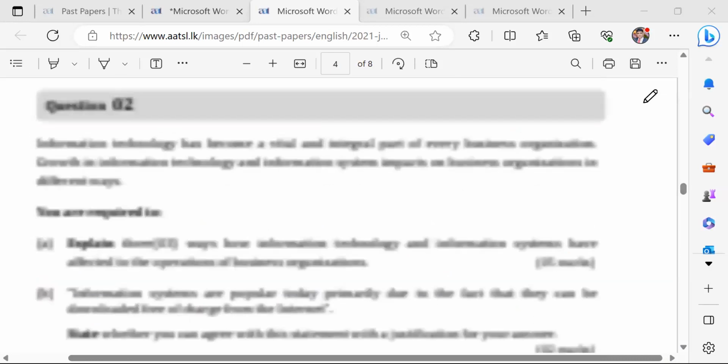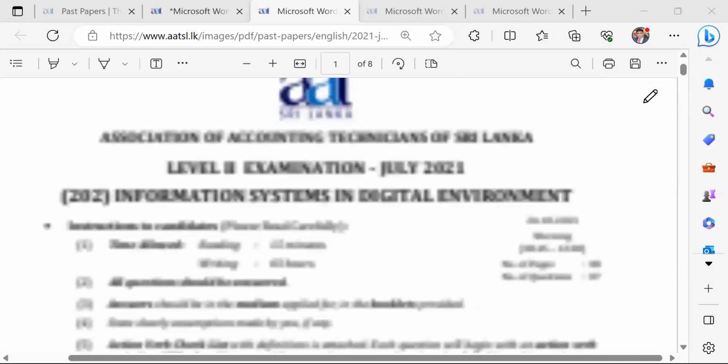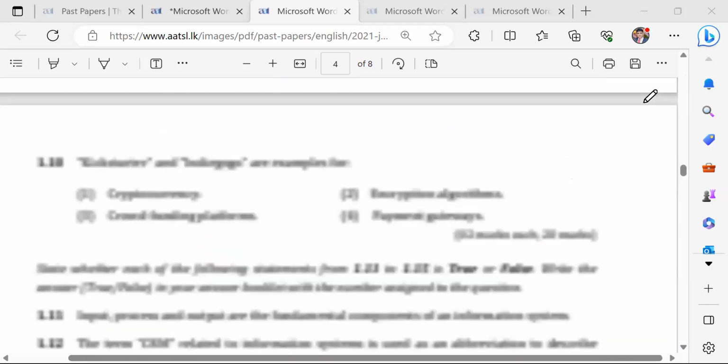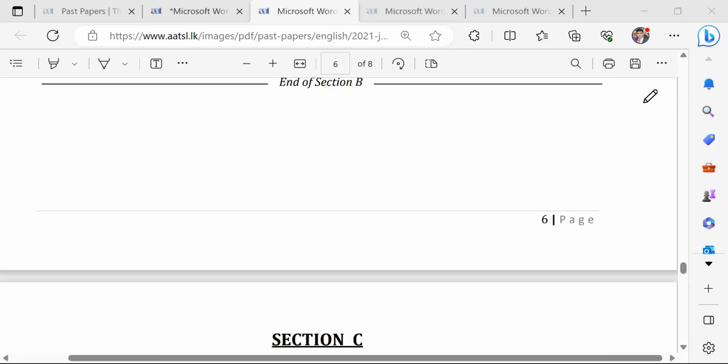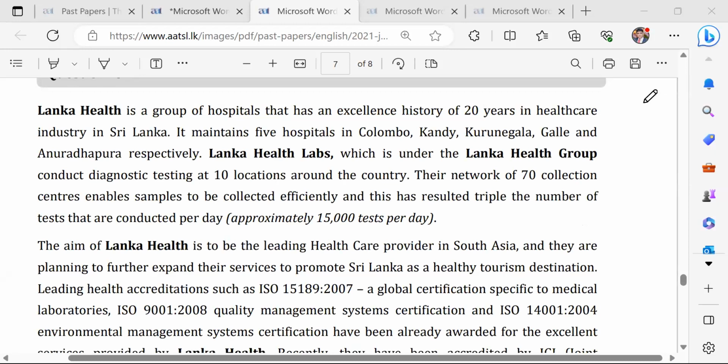You have to first clearly read and understand what it is. What are the IT strategies they can implement?